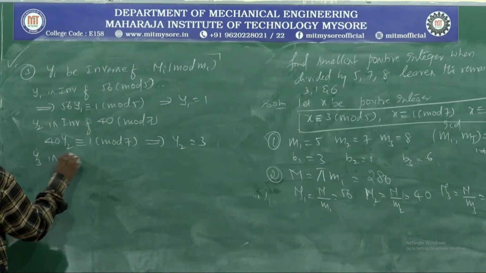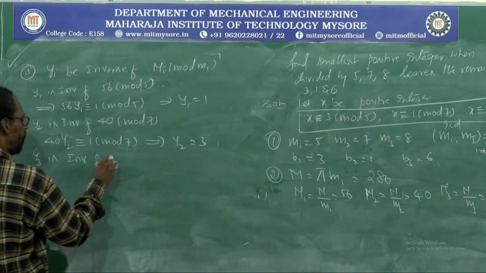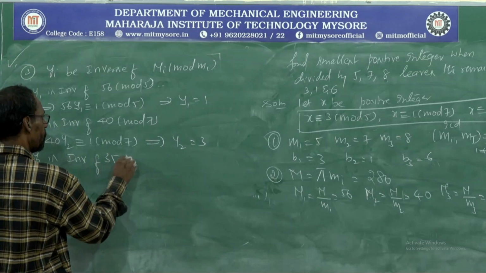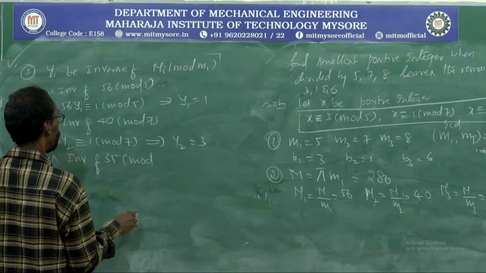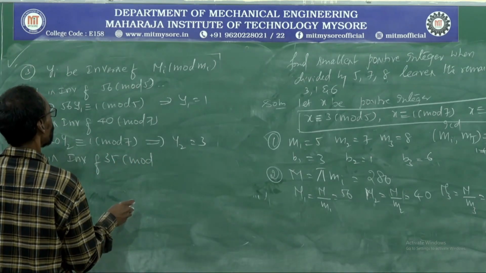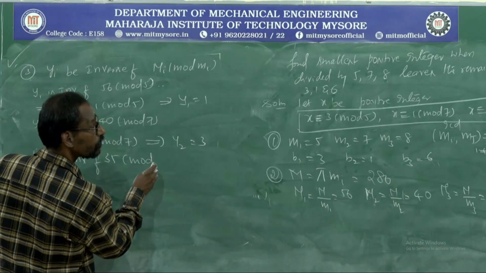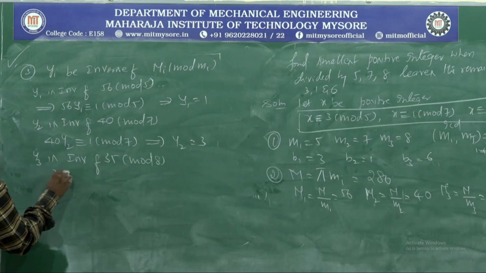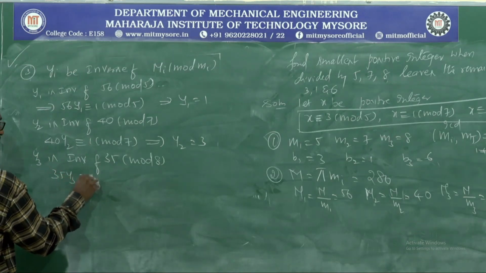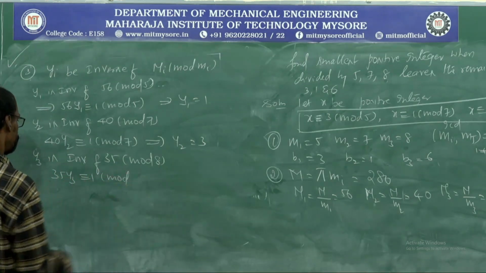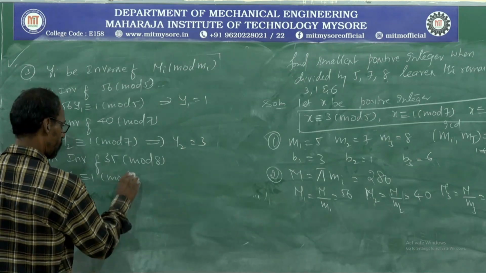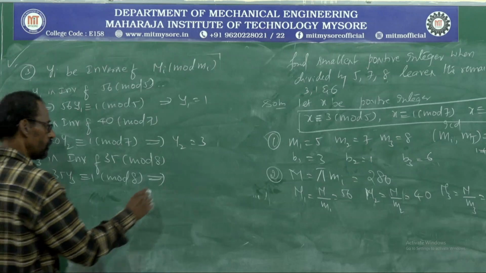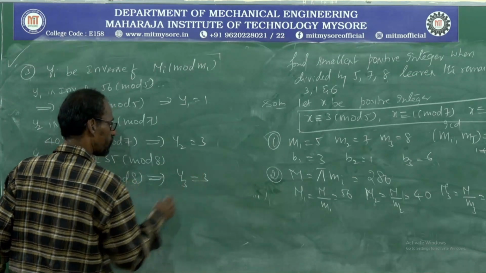Again y3 is the inverse of capital M3, that is 35 under modulo 8. So that implies 35 y3 is congruent to 1 modulo 8. So again by any one of the methods we can write y3 equal to 3.